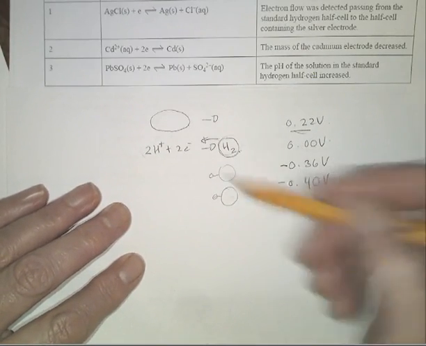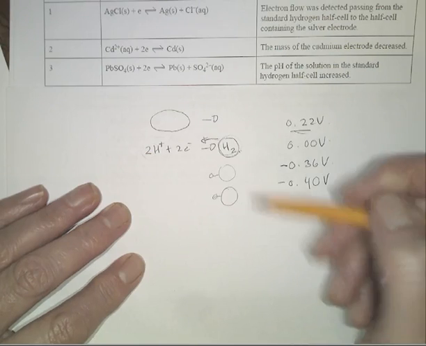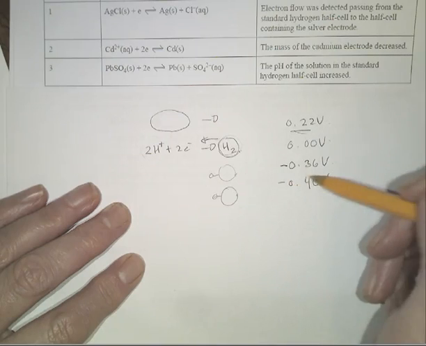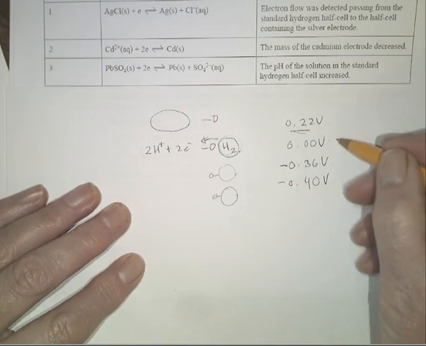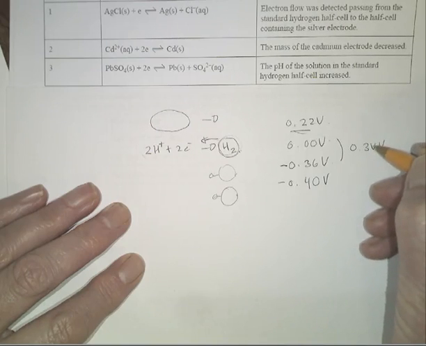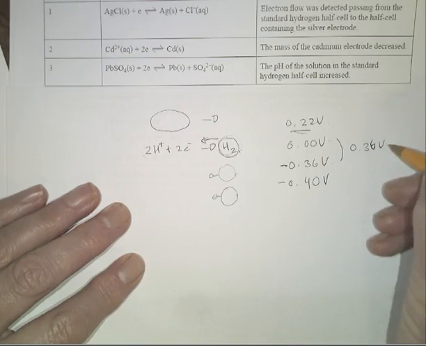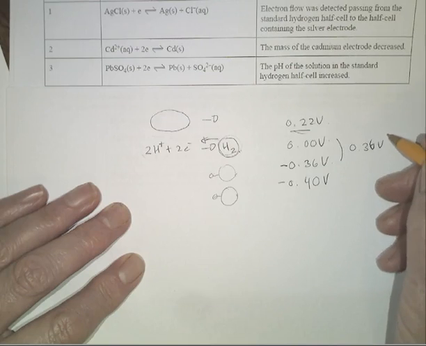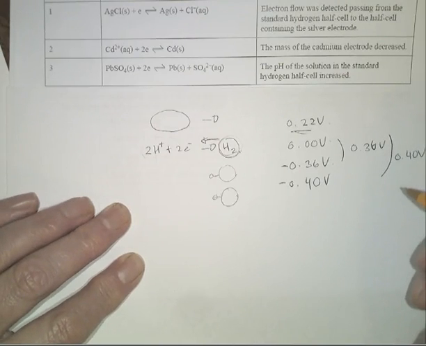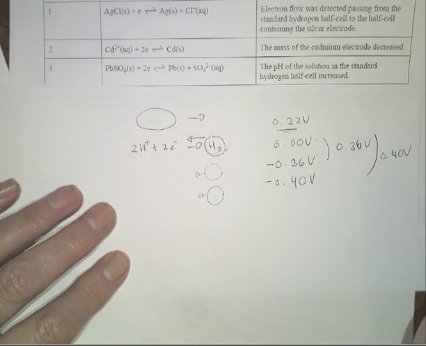These 2 will both react with the hydrogen, so we don't know from those reactions which one it is unless you measured the E0 values. The difference between them would be 0.6 volts. And if we put the hydrogen with this one, you would get a voltage of 0.4, assuming that they're under standard conditions.